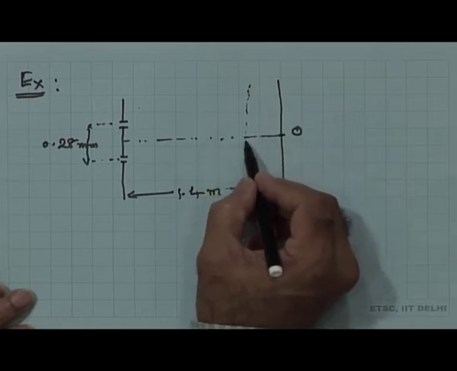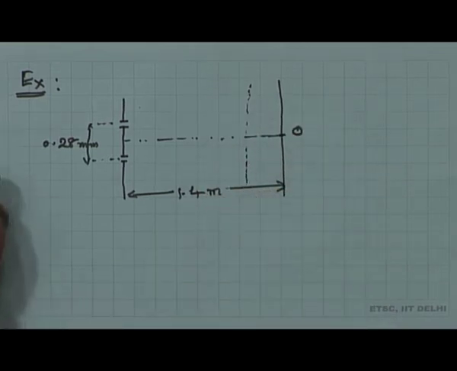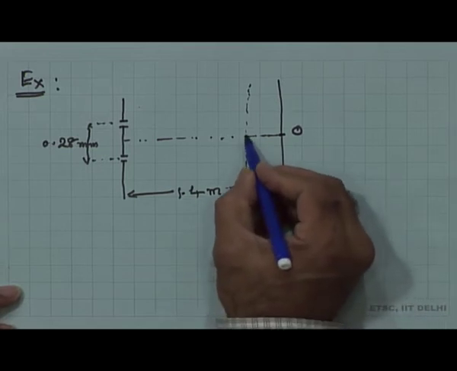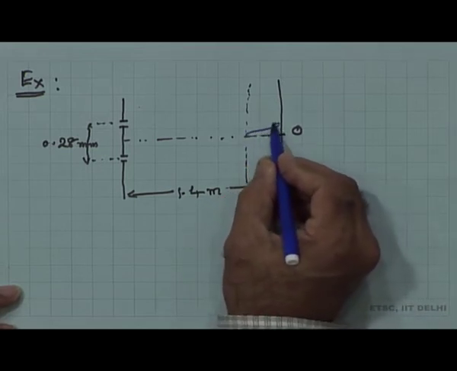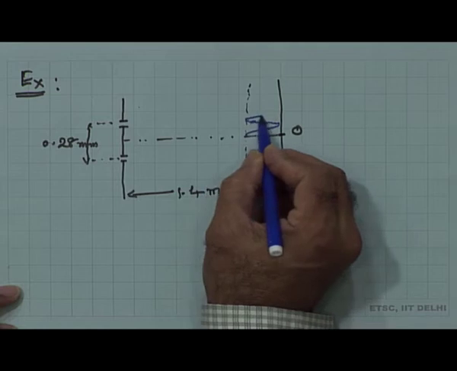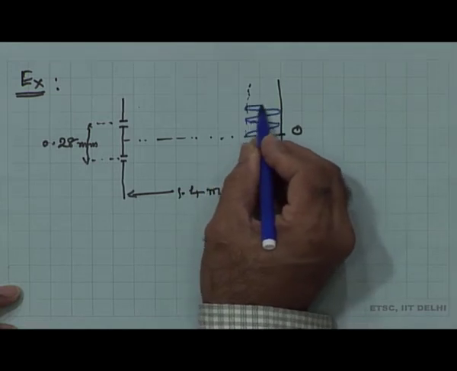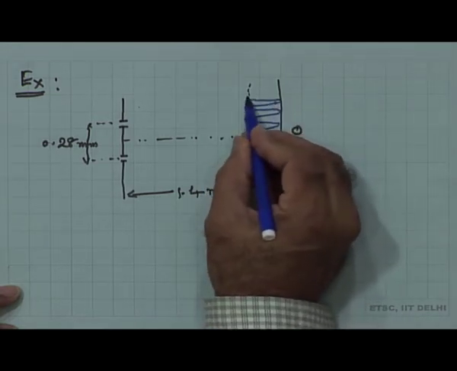Just to recall, we know that there are fringes which are formed here. The central fringe will be a maxima, followed by the others, with cos square delta by 2 fringes.